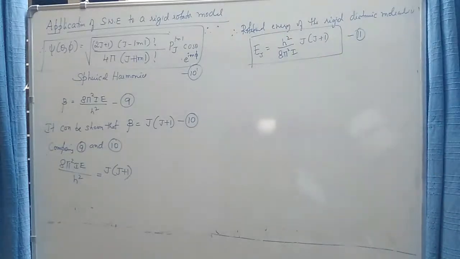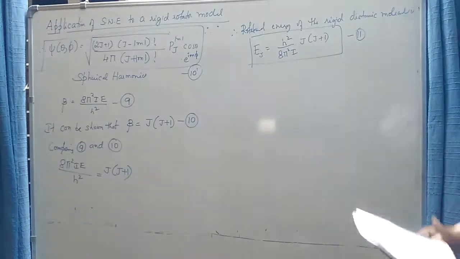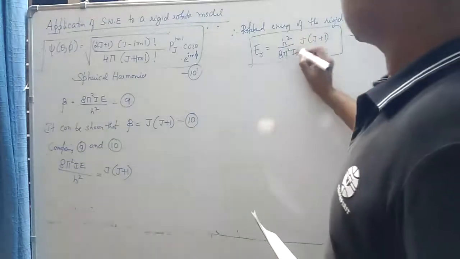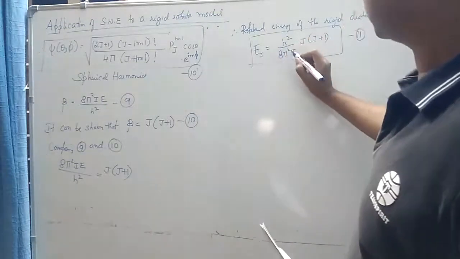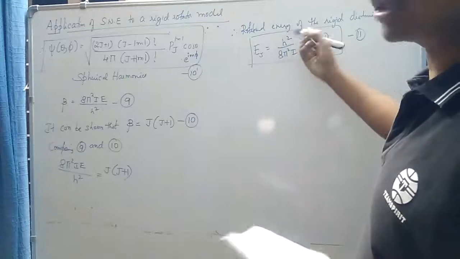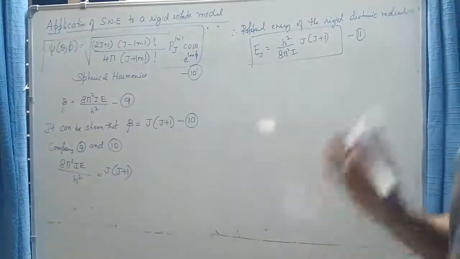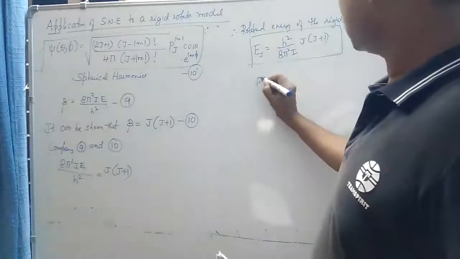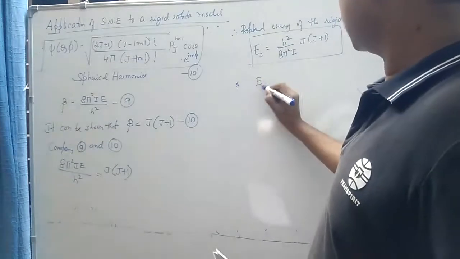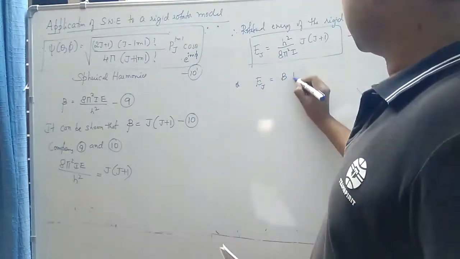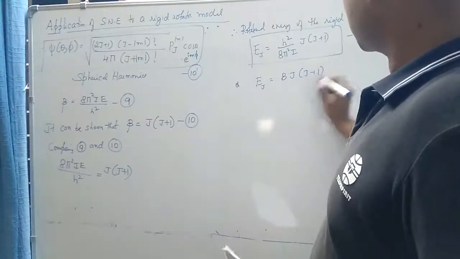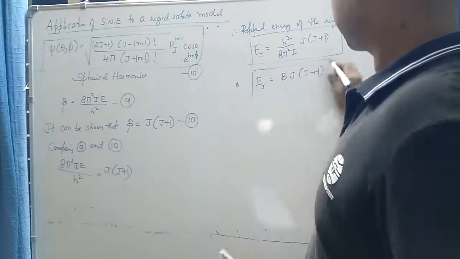It is obtained by applying the Schrodinger wave equation. This is a constant for a given molecule because h square and 8 pi square are universal constants. I, the moment of inertia, is a constant for a given molecule. So this can also be written as E_j is equal to some constant B into j into (j plus 1).